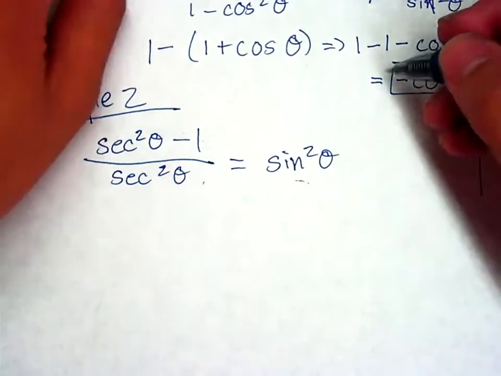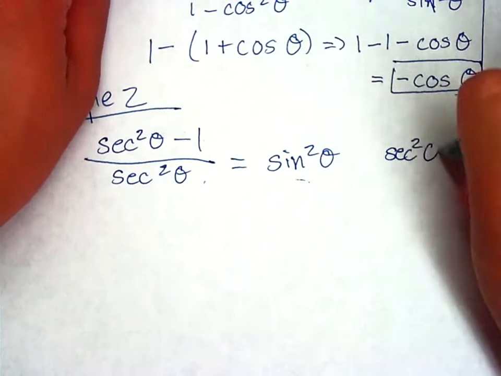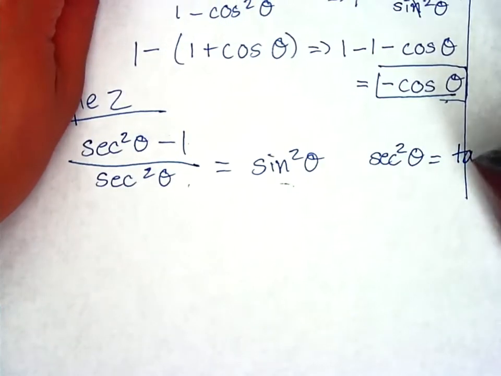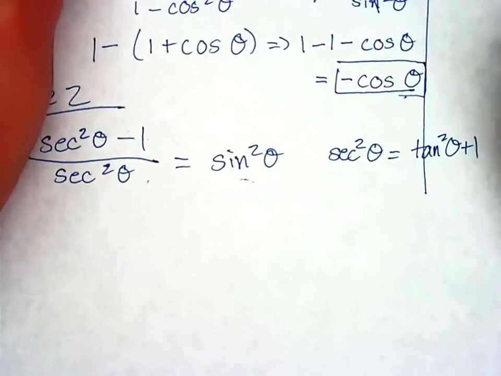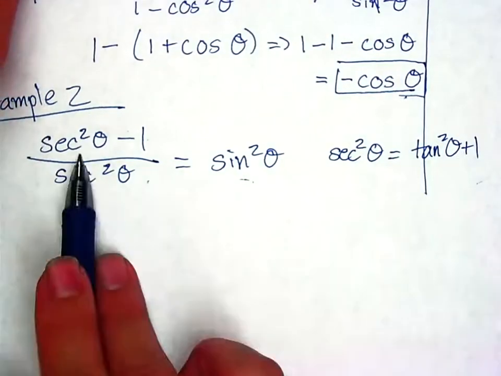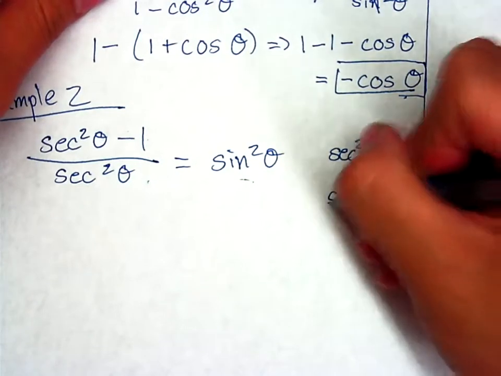All right, with that in mind, we do know that one of our Pythagorean identities suggests that secant squared theta is equal to tan squared theta plus 1, which means I can manipulate this one so that I get secant squared theta minus 1. I'm going to do that by subtracting 1 from both sides.